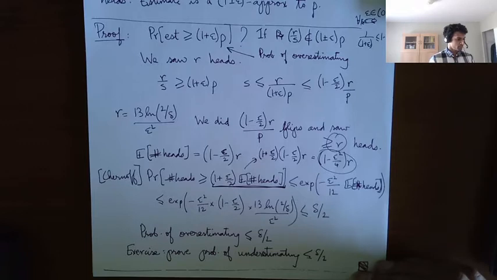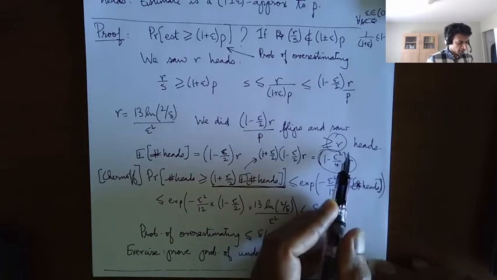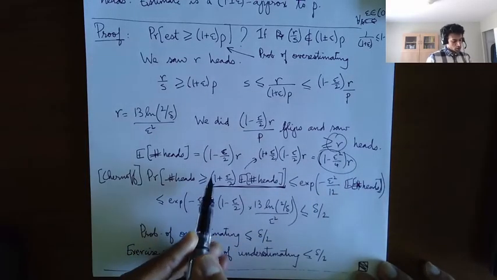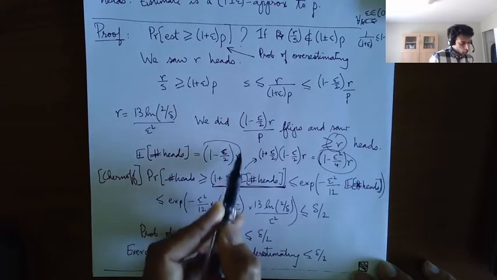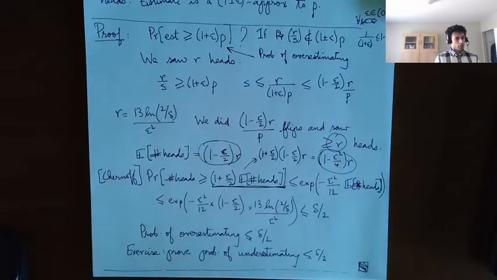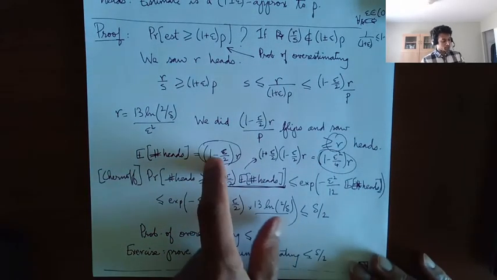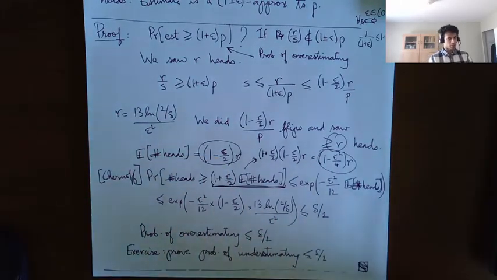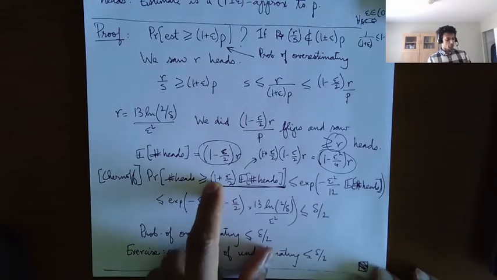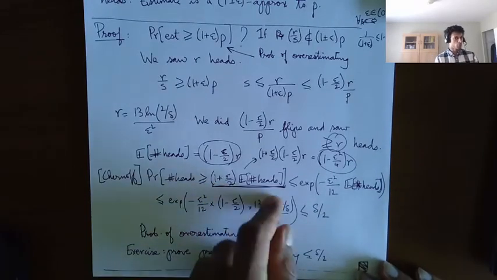Does that make sense? Yes. The number of heads I saw, R, is greater than (1 plus epsilon) over 2 times this expression. So R is a deviation of more than (1 plus epsilon) over 2 over the expected number of heads.